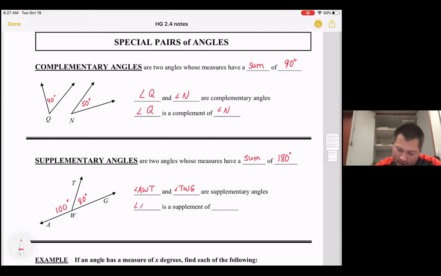Or we could say angle AWT is a supplement of angle TWG. And just a refresher, these two angles are also called a linear pair because they form a line. So any two angles that form a line are going to be supplementary.